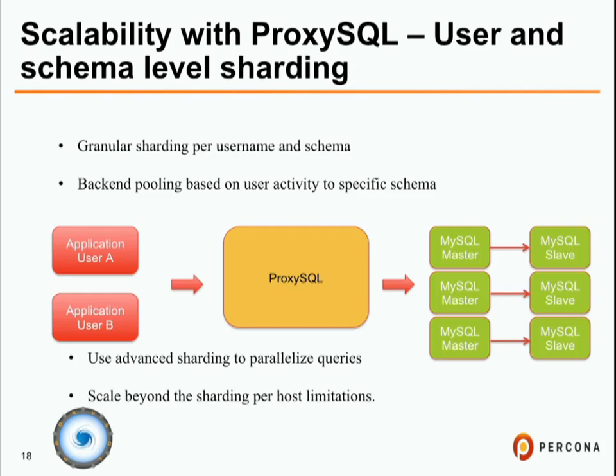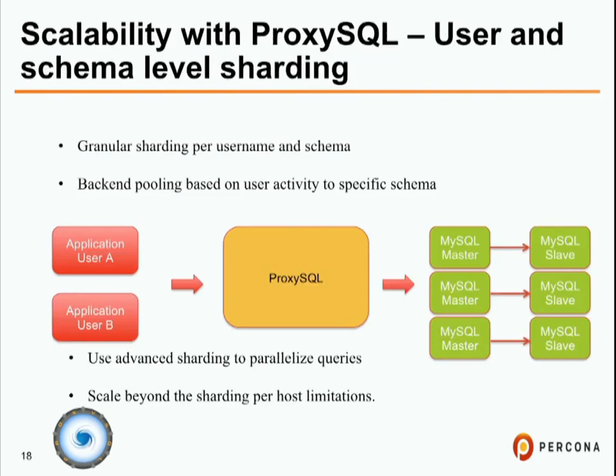Like you can say, all the traffic from user A that is a DML goes to the master, while all the traffic from user A that is a select statement will go to this cluster, but on the slave, instead of going to the master. And again, you can apply the same principle with user B.